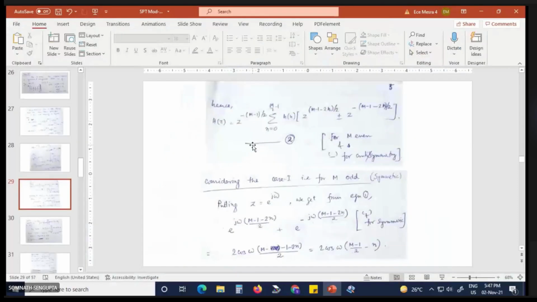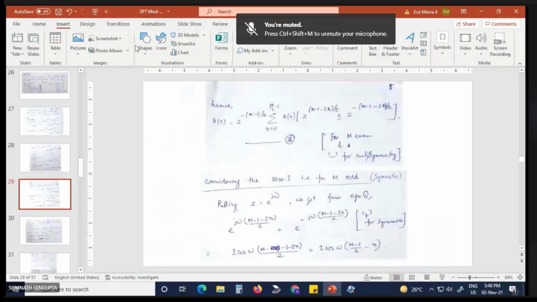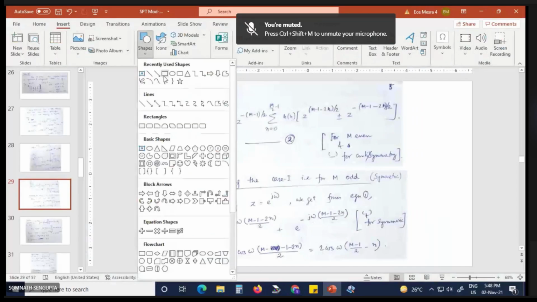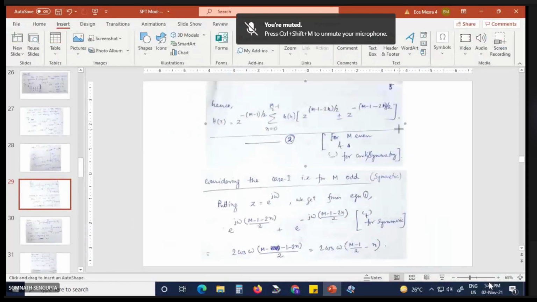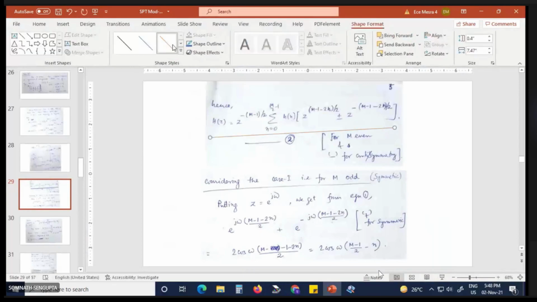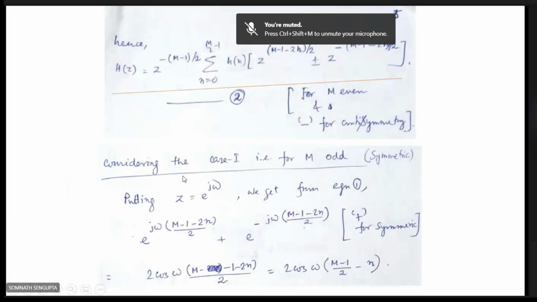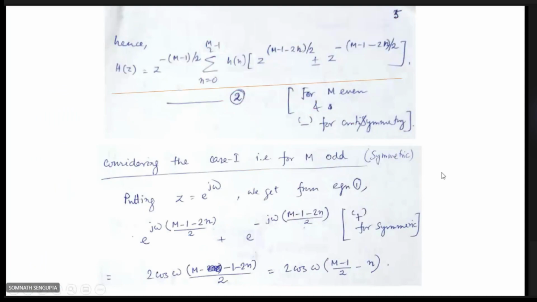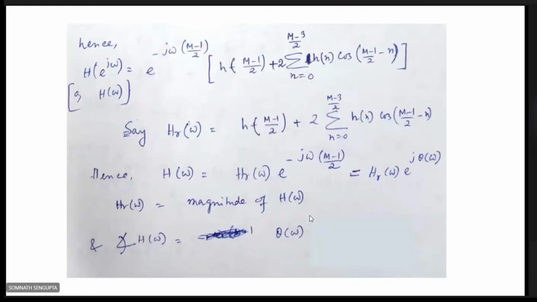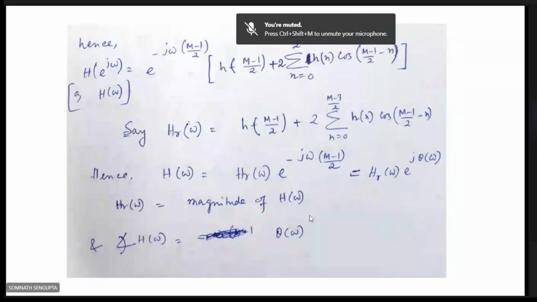Okay, also this I should underline. This is a linear phase FIR filter, that is when m is even and antisymmetric. Then another is case 1, that is m odd symmetric. So in that case, m odd symmetric, the equation is this one.